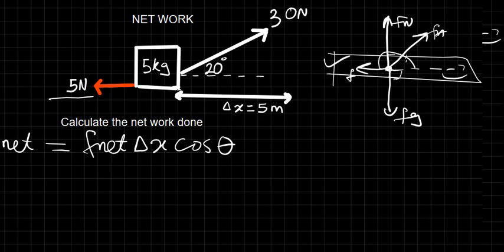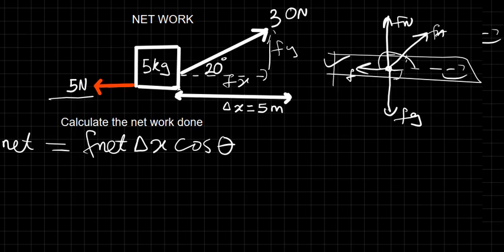In the horizontal direction, we have the 30 Newton force. It has two components. One is the force in the x direction, and the other is the force in the vertical or the y direction.